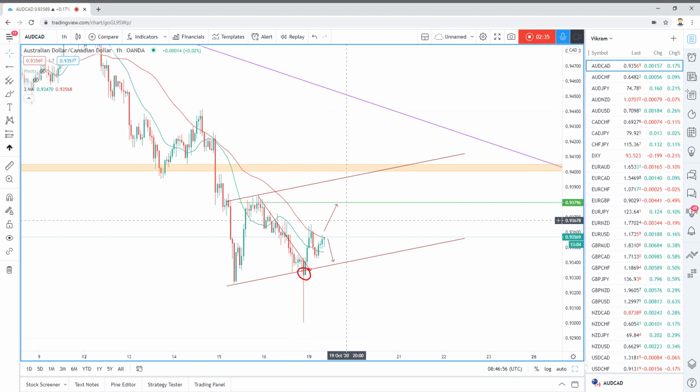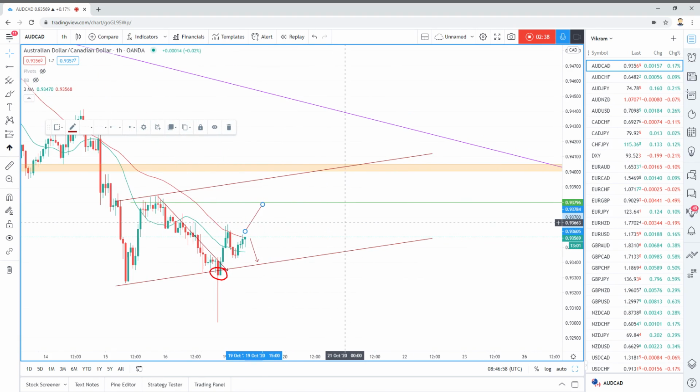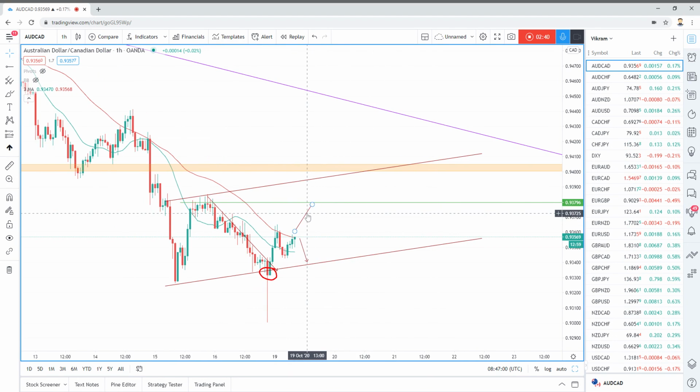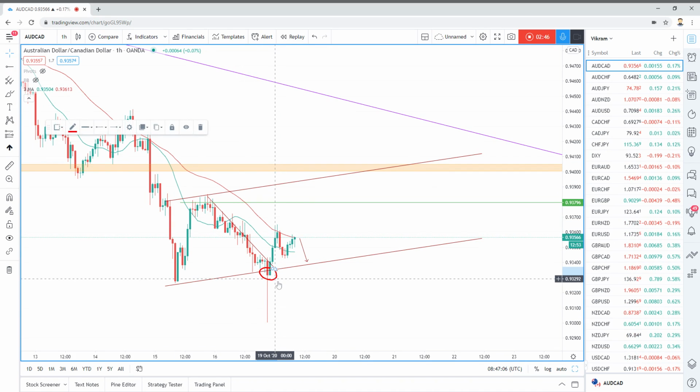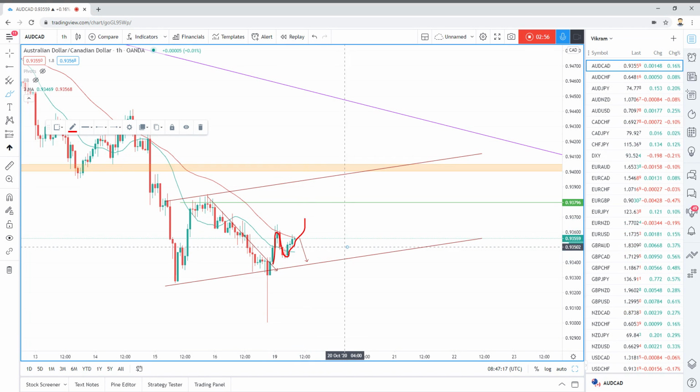previous highs. Next thing, what we can see is the price moved higher, faced resistance from the 50 moving average here, and like this, moved lower, and then it's trying to move higher on a second impulse.